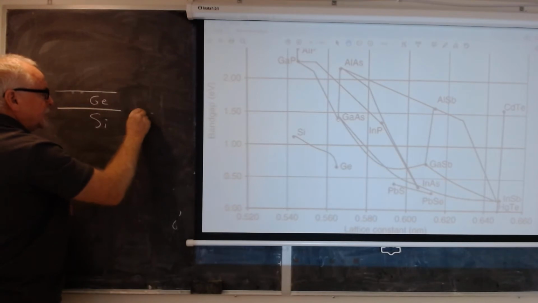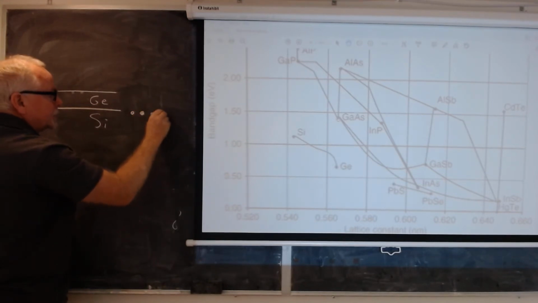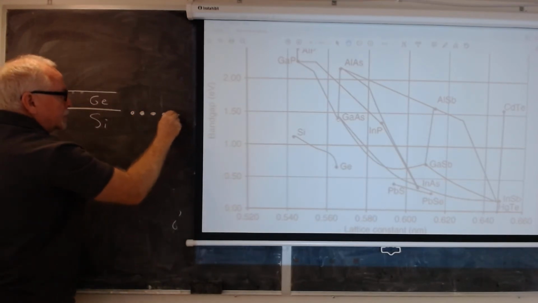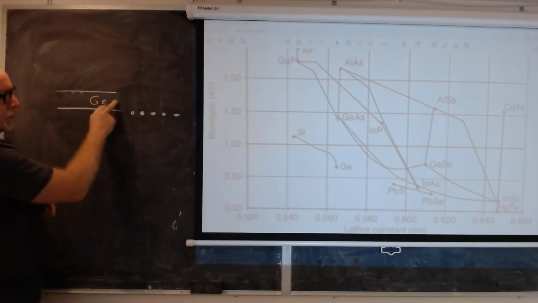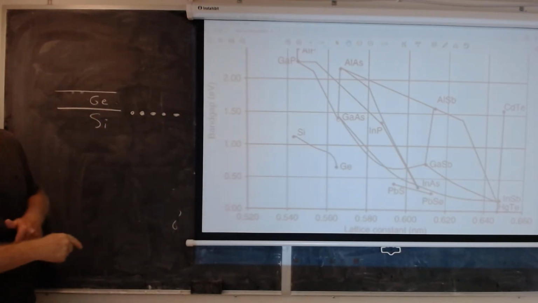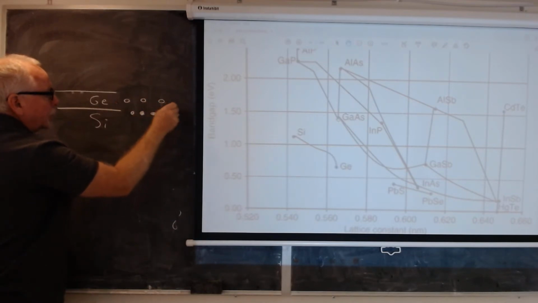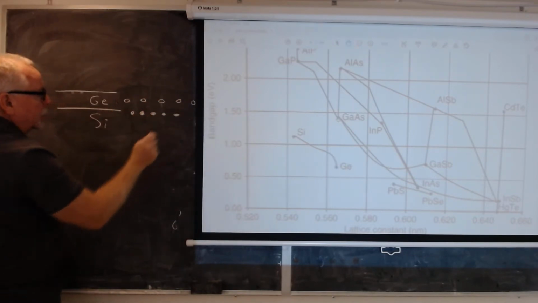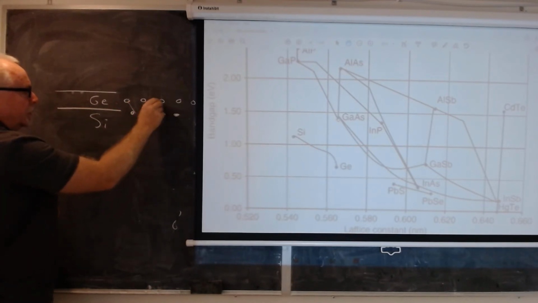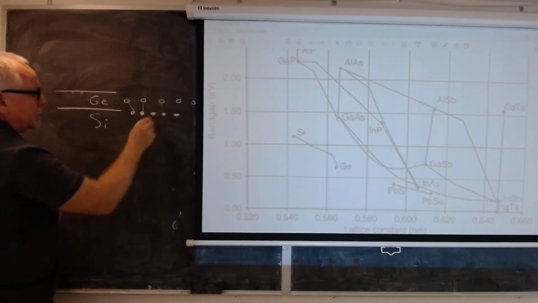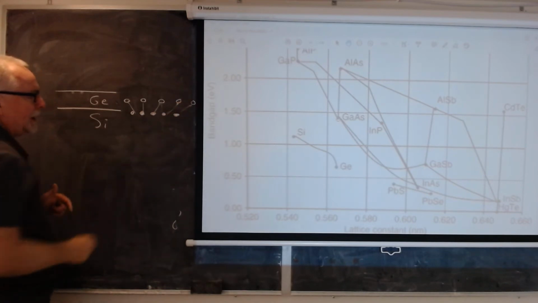So here's my silicon atoms on its surface. Now germanium, as you can see, has a larger lattice constant. So it wants to be spread out more. So it kind of wants to bond like that, but it can't.